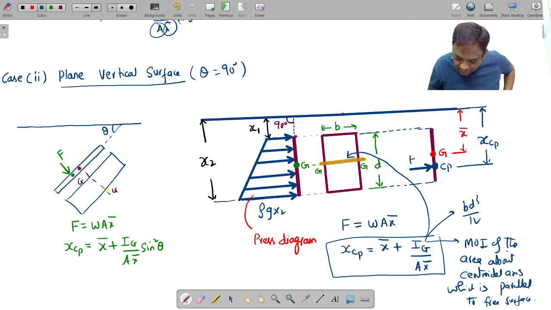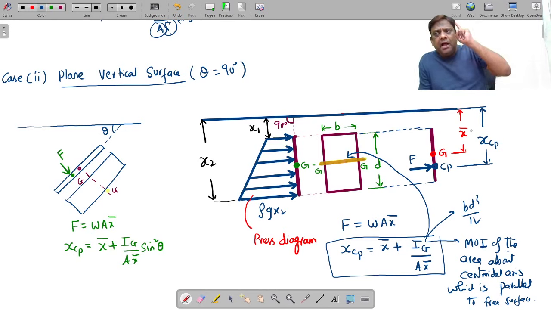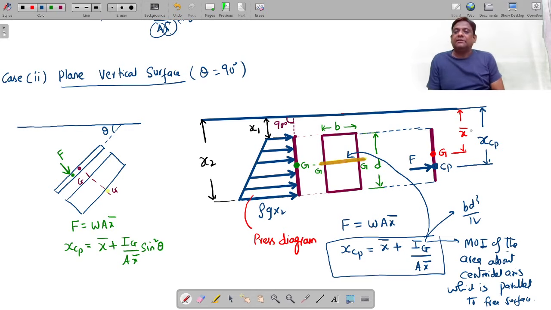Yes, that force is acting normal. Always remember, hydrostatic force will act at the center of pressure, not center of gravity, and that will lie below the center of gravity in case of inclined and vertical surfaces. Please tell me, up to this, are we clear? All of you, are we clear?